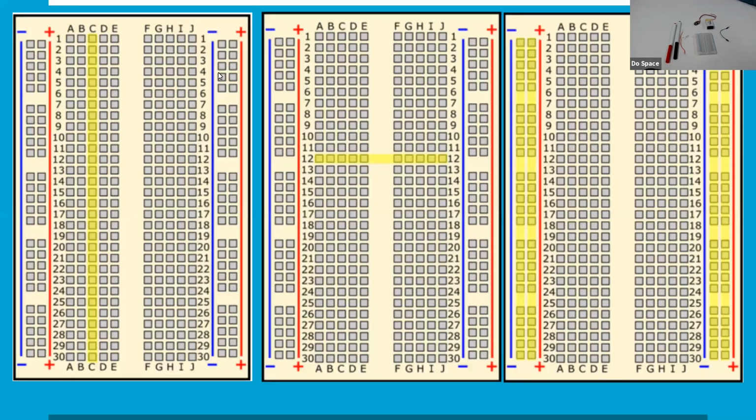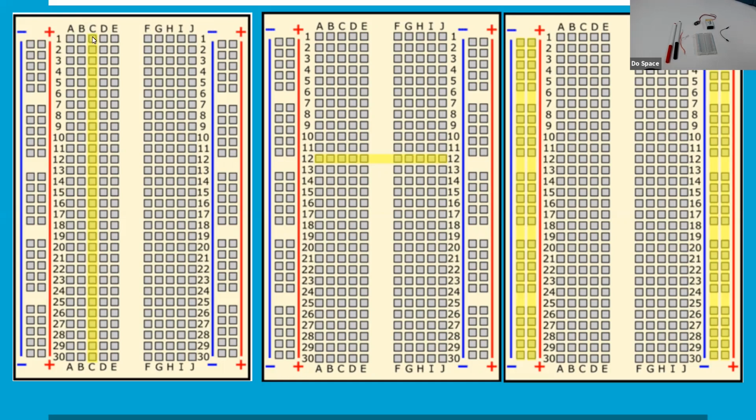But you can see this is a general setup of our breadboard. I'm going to start with the top. At the top are your letters. You have two sections of letters, A through E and then F through J, and you have to think of them as cross sections of these grids.